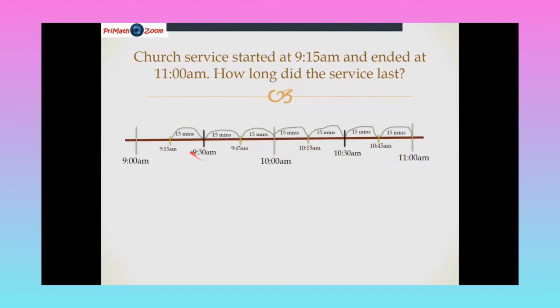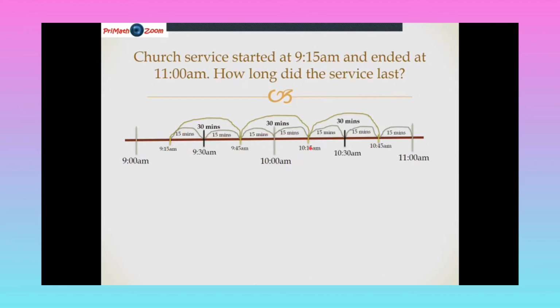Now, we know that 2 15 minutes will give us 30 minutes. So here we're going to group our 15 minutes in 30 minutes. Right, so we have from 9:15 to 9:45 is 30 minutes. From 9:45 to 10:15 is another 30 minutes.